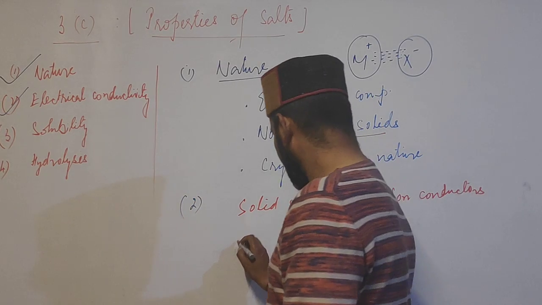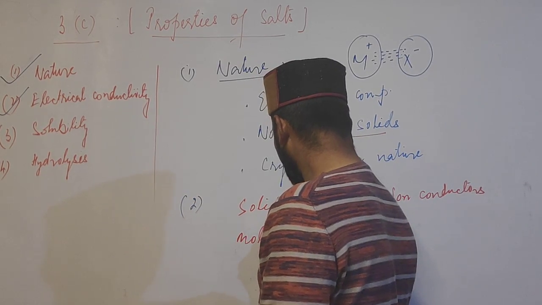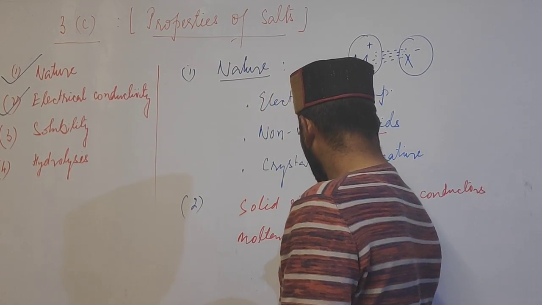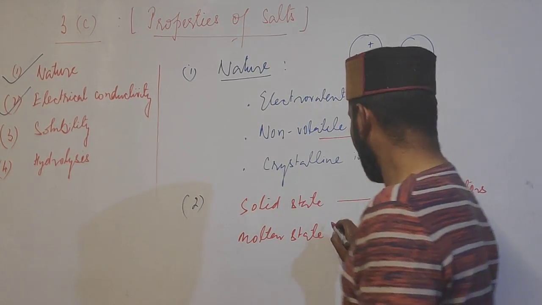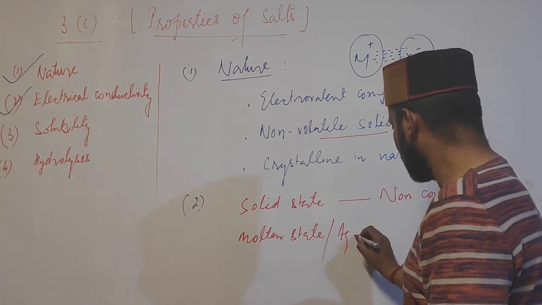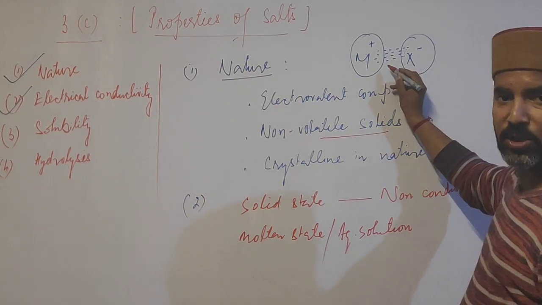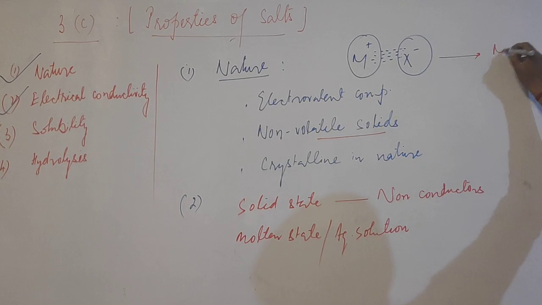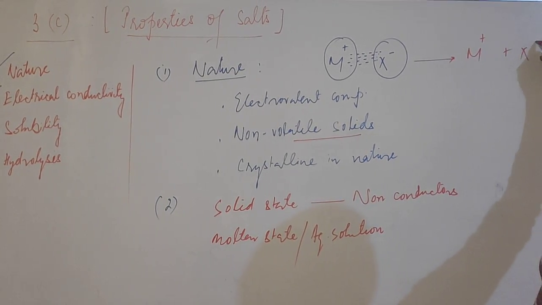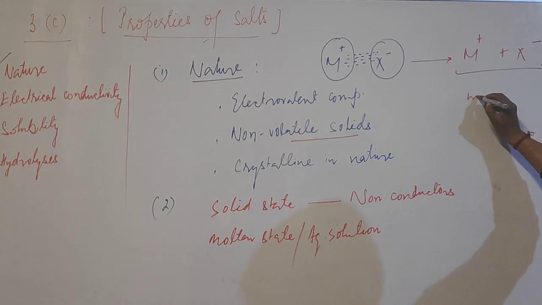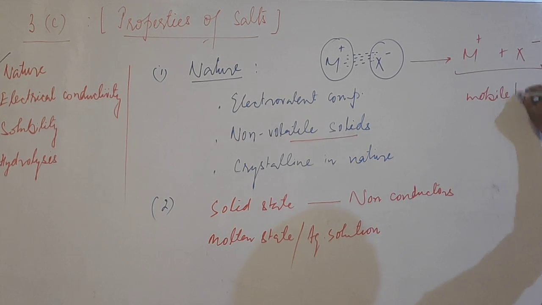However, in molten state, that means in fused state or in aqueous solution, the dissociation of ions takes place. That means these ions get dissociated and therefore these ions become what? Mobile, or we say free.